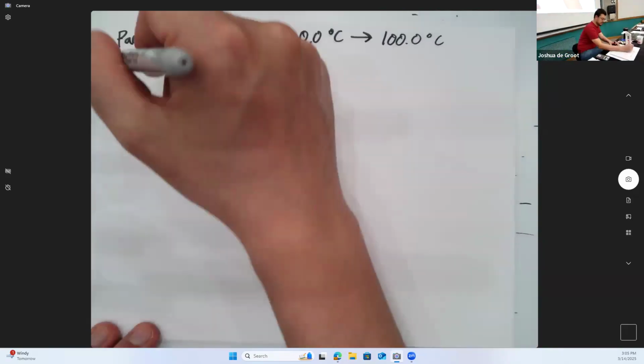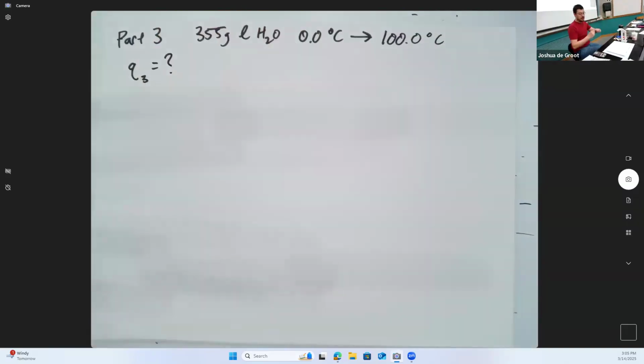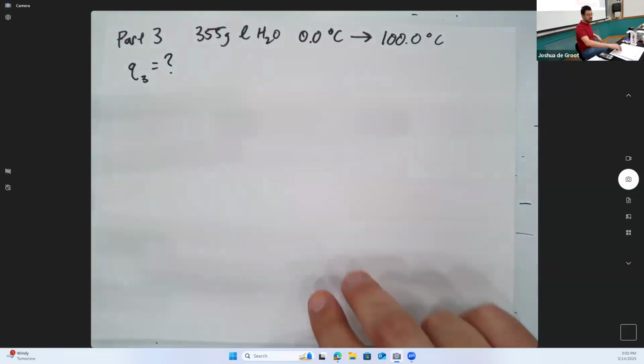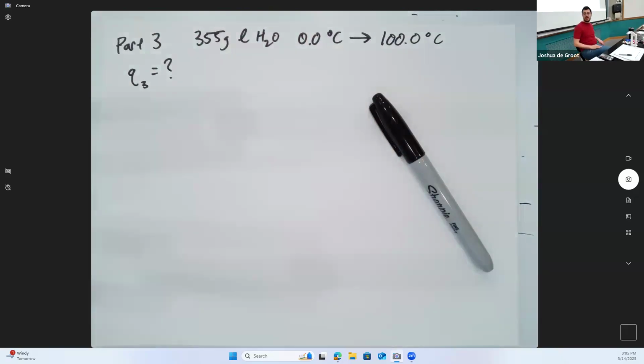Okay. We'll call this Q3. All right, go ahead, take 3-5 minutes or so and calculate this one. I'll leave this one to you, and then we'll go over it in like 3 to 5 minutes.